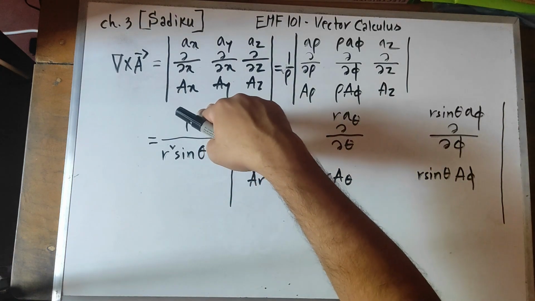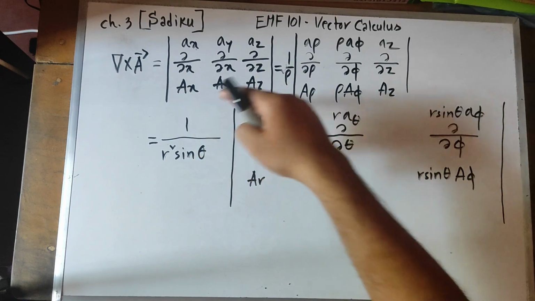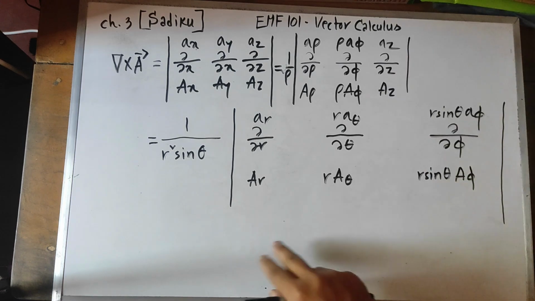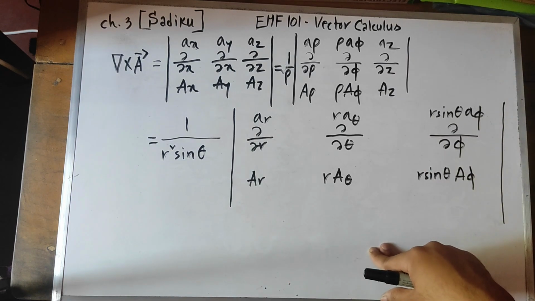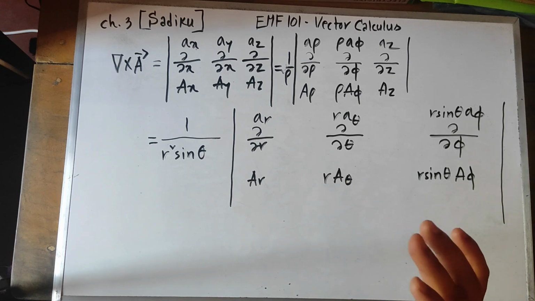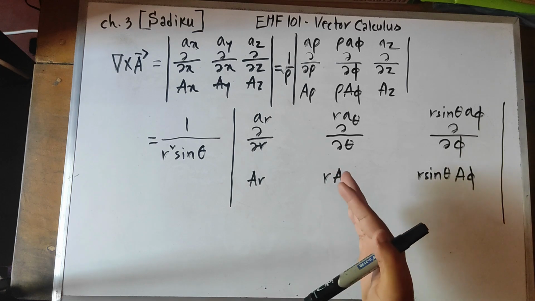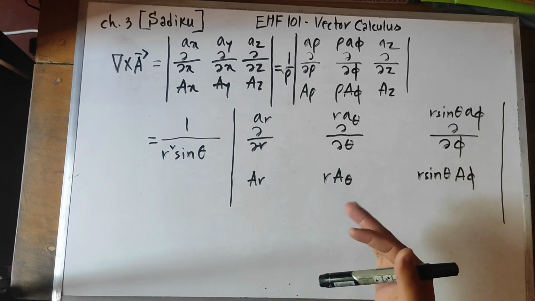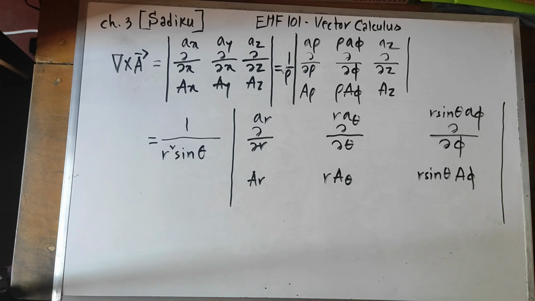This is the curl operation in the Cartesian system, this is the curl operation in the cylindrical system, and this is the curl operation in the spherical coordinate system. Now we're just gonna directly use these formulas and get the value. So let's get started with the problem solving part.